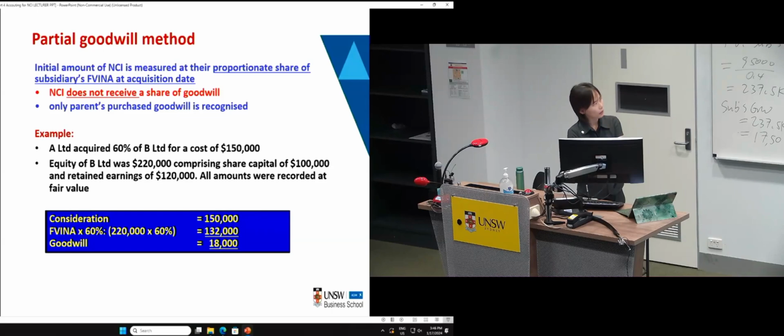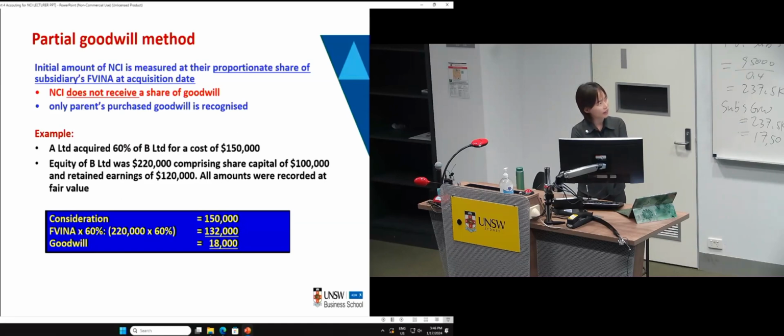All right, now let's move on to look at the partial goodwill method. Under the partial goodwill method, NCI does not receive a share of the goodwill. You can see the initial amount of NCI, in other words the acquisition date NCI balance, is equal to its proportionate share of the subsidiary's net assets. That makes sense, right? If initial NCI is equal to its proportion of net assets, of course NCI does not receive a share of goodwill.